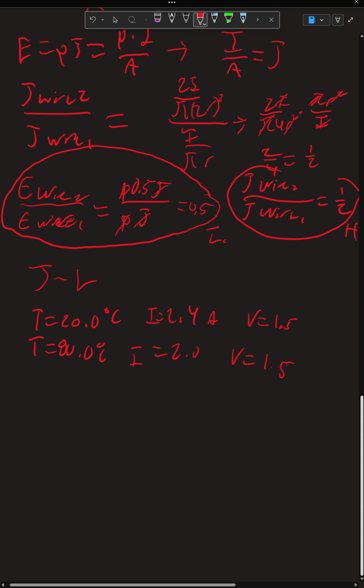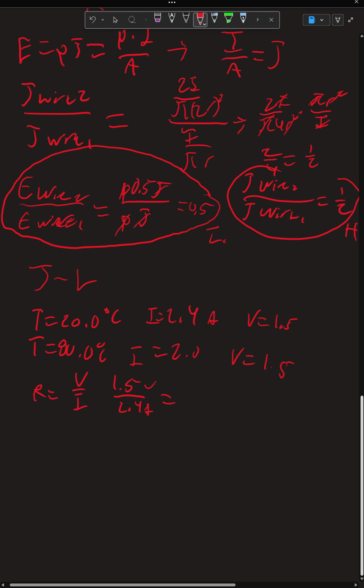What is the resistance of the wire at 20 degrees Celsius? Very simple. We just use what we used before. Resistance equals V over I. V equals 1.5 for 20 degrees Celsius, and current equals 2.4 amps.